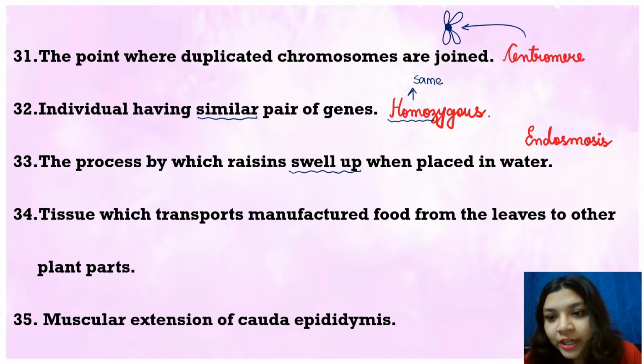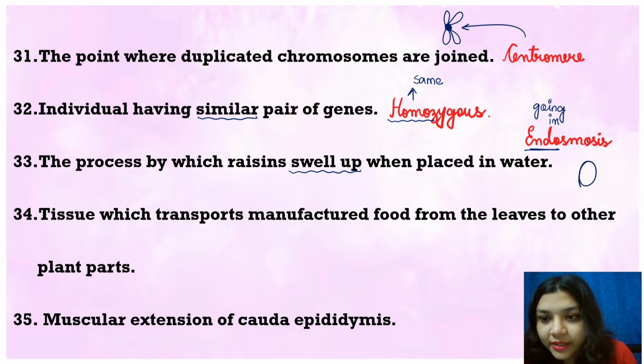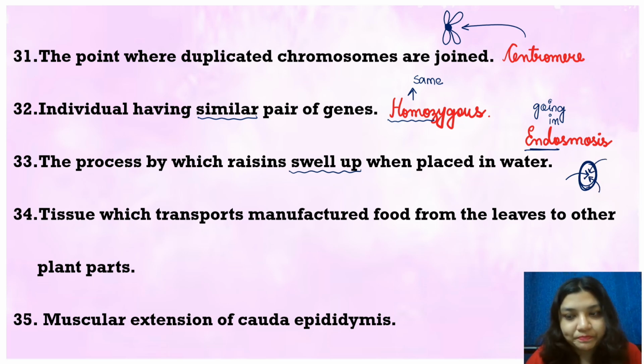As we know, endo means in, going in, right? And osmosis, we all know, is the movement of water molecules from higher concentration to lower concentration across a semi-permeable or selectively permeable membrane. So if these are the raisins present in the outside solution, the water will enter and hence the raisin will swell up.